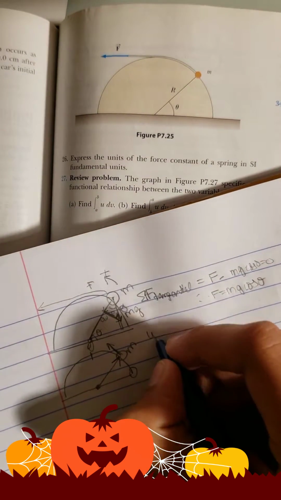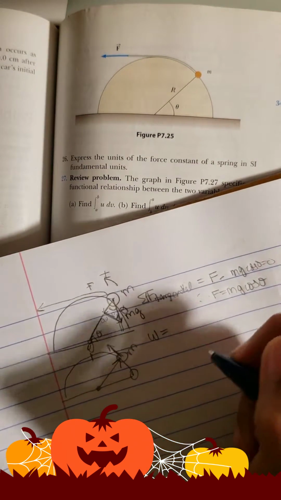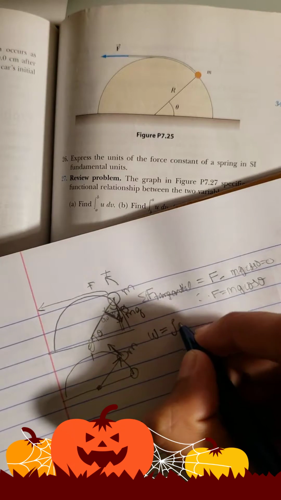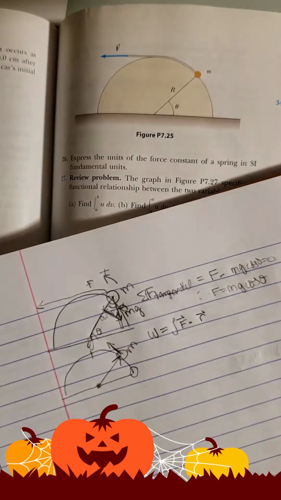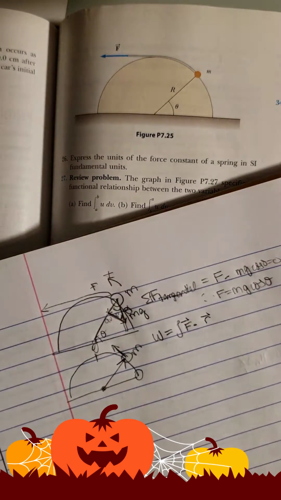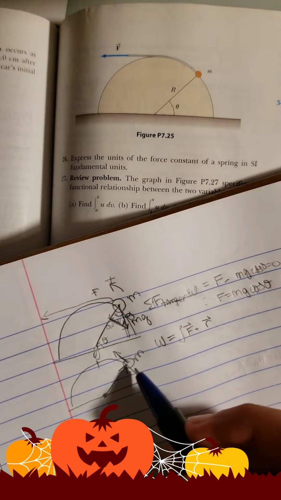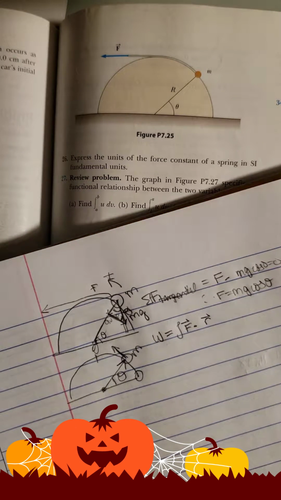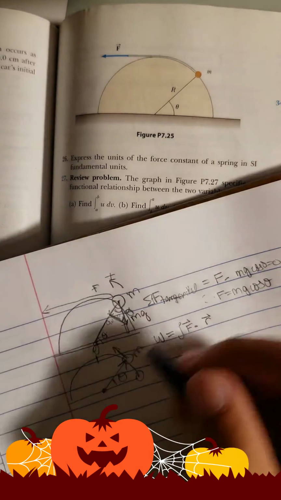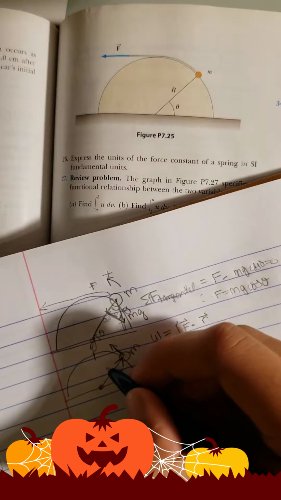So now to find the work done in moving it up there, we just have to find the integral of the force and its displacement. Now over here, we don't know what displacement it's going under directly, but we know it must be related to its angle, right? And we know that the radius of the cylinder is just r.